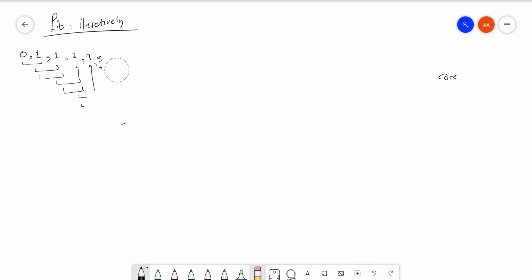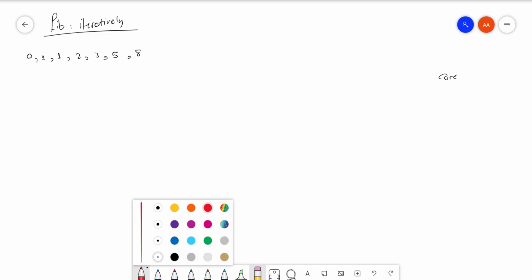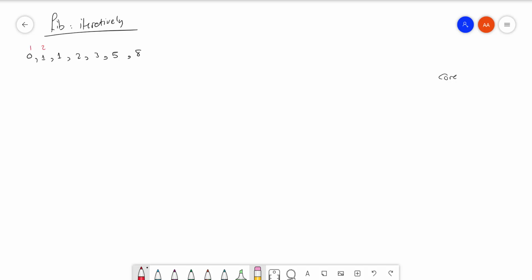Without any additions here. So let's say that this is my sequence. And these are my mathematical terms. So this is the first mathematical term, second, third, fourth, fifth, sixth, and finally the seventh. Of course, and so on.